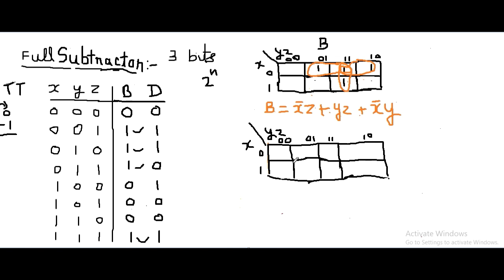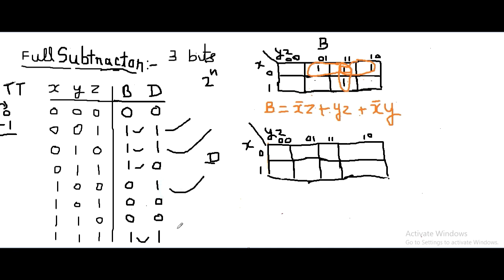Now for this part, which is the difference Karnaugh map, we have to evaluate this by placing the ones here, right? So when x is 0, y is 0 and z is 1, we have 1. When x is 0, y is 1 and z is 0, we have 1. When x is 1, y and z are 0, it is 1.